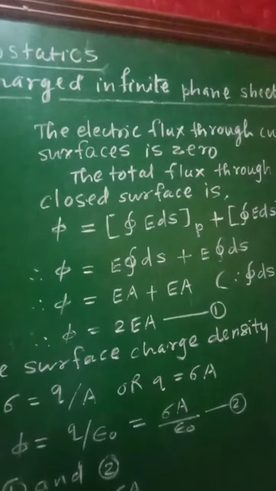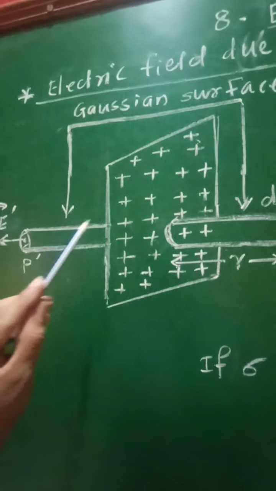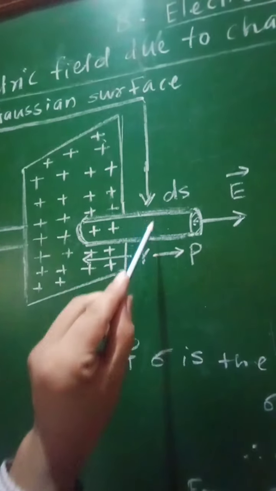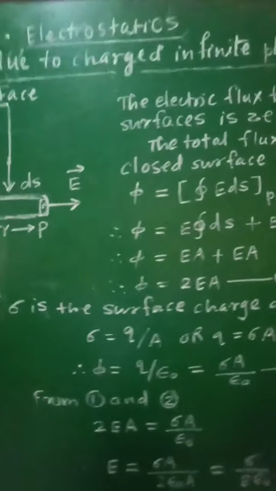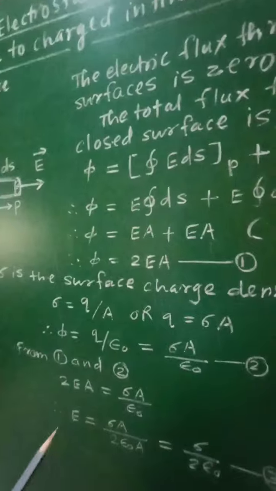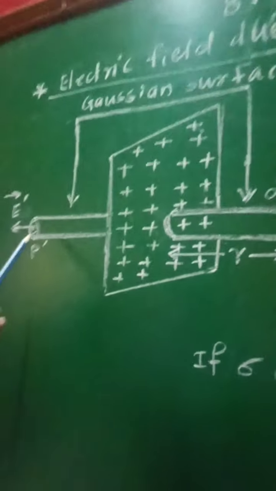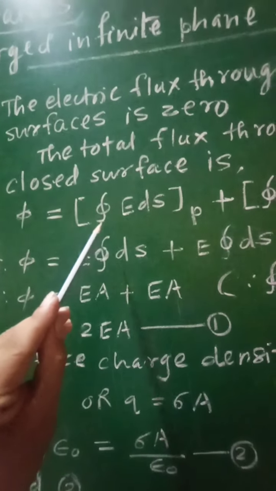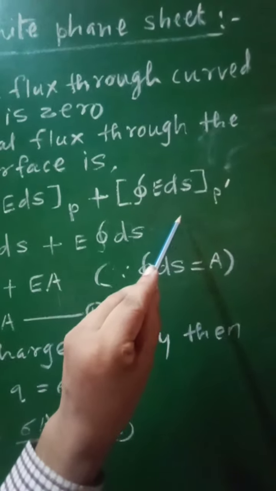Now the electric flux through the curved surface is 0, that is, the electric field contribution due to the curved surface of this Gaussian surface will be equal to 0, since no charges are present on the curved surface, and therefore the total flux through the closed surface will be equal to the sum of the flux at point P and at point P dash, and therefore the total flux phi will be equal to integration over closed surface E ds at P plus integration over closed surface E ds at P dash.